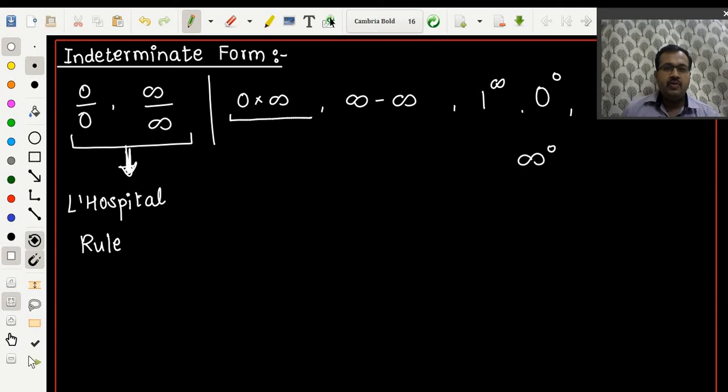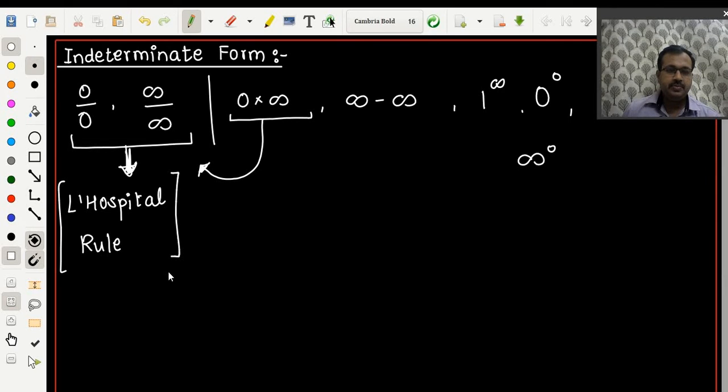Then we have discussed, to solve the indeterminate form 0 into infinity, the method of solving is we used to convert this function giving indeterminate form 0 into infinity in terms of 0 upon 0 or infinity upon infinity by using some adjustments and then apply the L'Hopital rule. Now the similar kind of adjustment we are going to use with this indeterminate form.